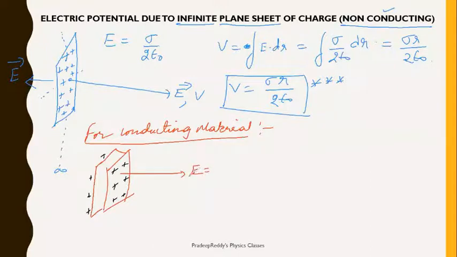Now electric field because of this will be like, for example, if I am taking a sheet over here, let us take two different sheets. This is having positive charge. This is also having positive charge. I am finding field over here. Because of this particular positive charge, there will be field in this direction, that is E is equal to sigma by 2 epsilon naught.